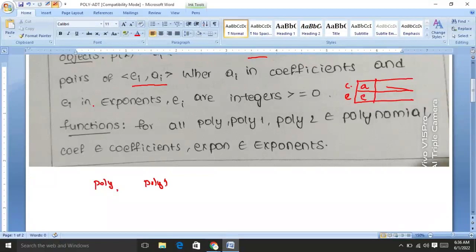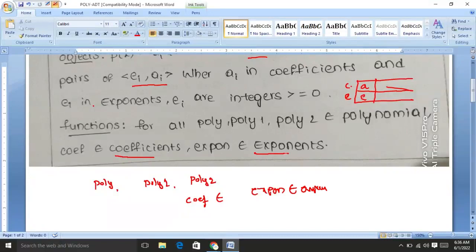Poly 1 means one example polynomial, and poly 2 means another example polynomial. Here COEF represents coefficients, and EXPON represents exponents.